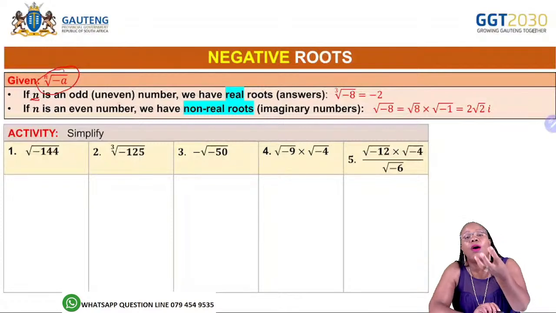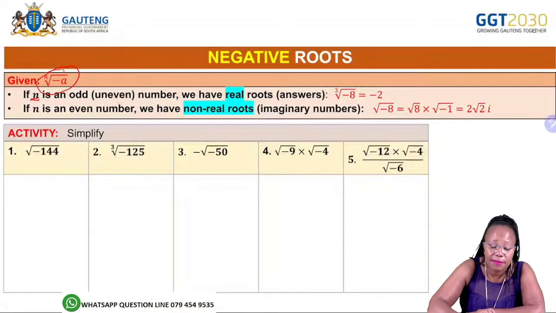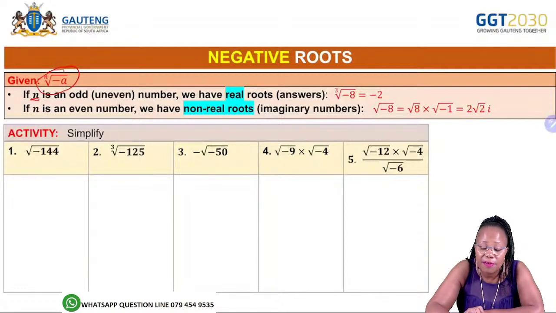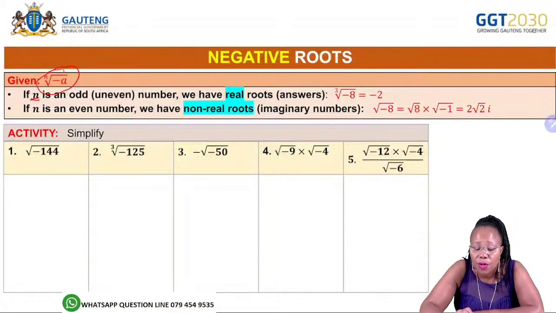That means when you take out all even numbers, the numbers that are remaining are the odd ones: 1, 3, 5, 7. So we have real roots. For example, we have a cube root of minus 8 there. And then the cube root of minus 8 is a minus 2. Can you see that our n is odd there?